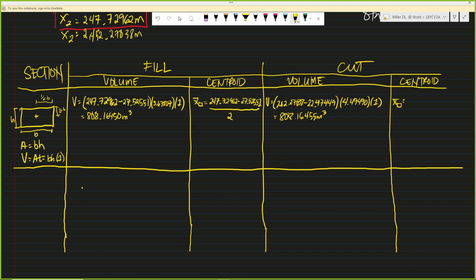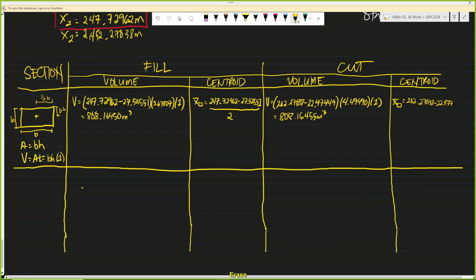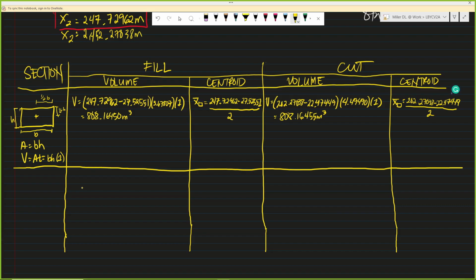Then, itong kabila ay 202.27038 minus 22.47449 all over 2. So, kindly get the x bar. Kindly compute the x bars.